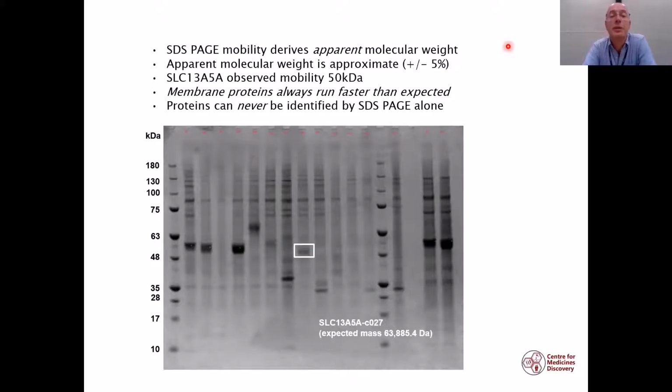One feature of membrane proteins is they always run on a gel faster than expected. And please remember that proteins can never be identified on the basis of SDS-PAGE alone. Lots of people do that. It's a mistake. It's a gamble. You cannot be sure of the identity of your protein by SDS-PAGE.